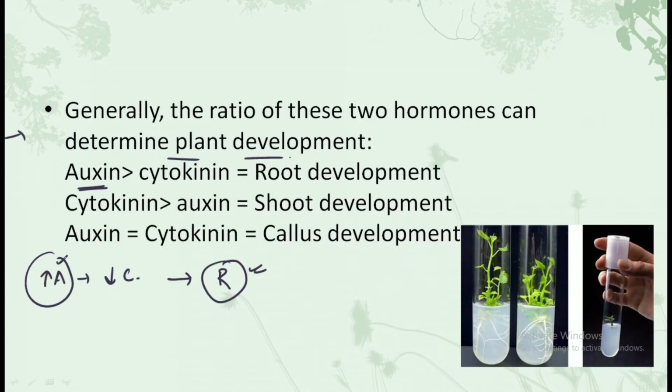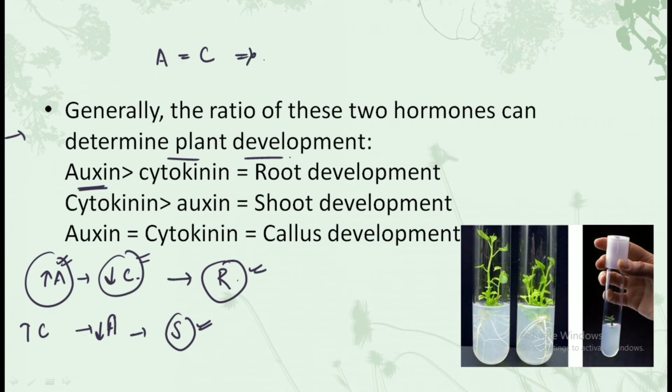So if we have a higher ratio of auxin in comparison to cytokinin, we will have root formation. And if there is more cytokinin in comparison to auxin, we have shoot formation. And if auxin and cytokinin are equal in concentration, there occurs the formation of callus. That is, there is no differentiation and all the cells look alike.